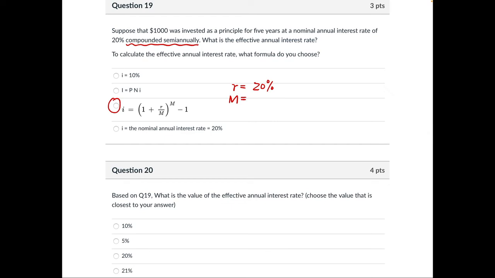So for every year, it's compounded twice. So for the total of 5 years, it's compounded how many times? 5 times 2, which is 10. So you just substitute these new values into this formula. So your effective annual interest rate is 1 plus 20% divided by 10 to the power of 10 minus 1.